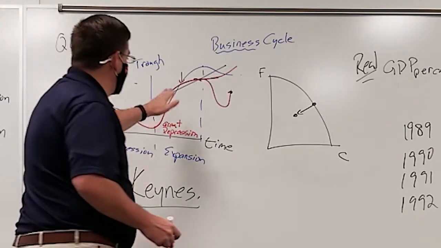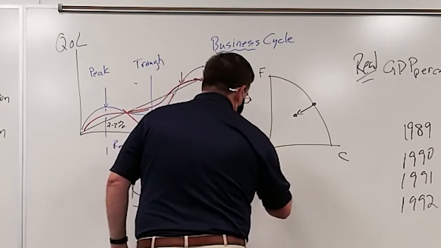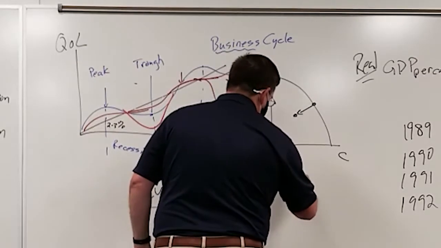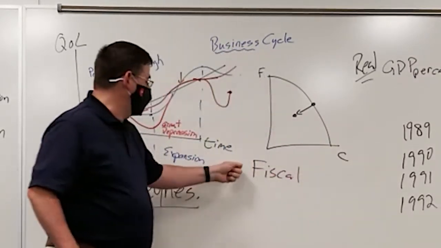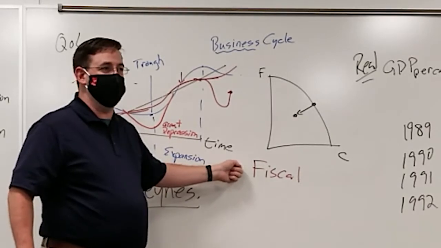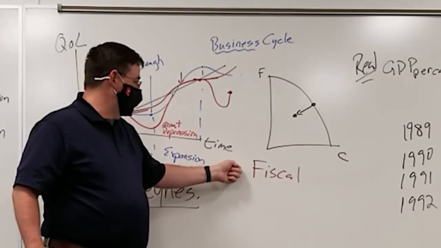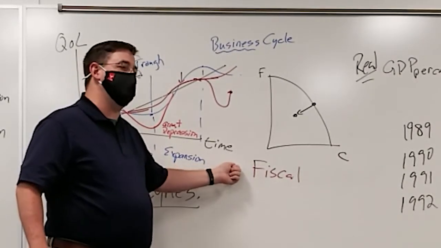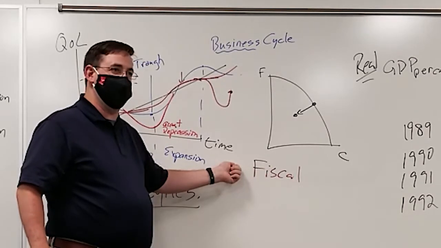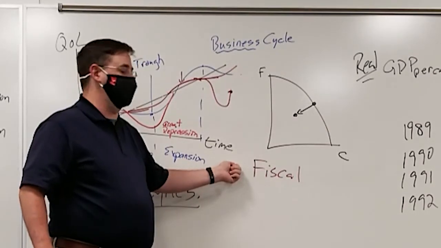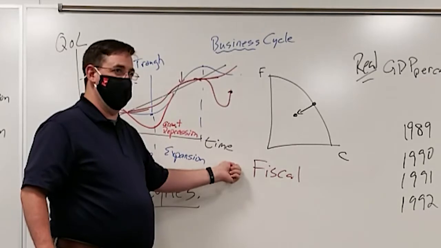The government gets involved in two basic ways. They either use what's called fiscal policy, which is activity through the government, through Congress, that introduces new spending or changes in taxes to try to reduce the swings of the economy.